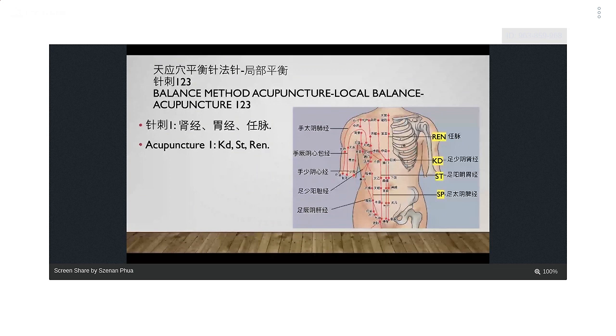Normally it appears above the belly button, 神阙, and you can see that the meridian in the middle is called Ren meridian, the one next to Ren meridian is called kidney meridian, and the one next to kidney meridian is called stomach meridian.